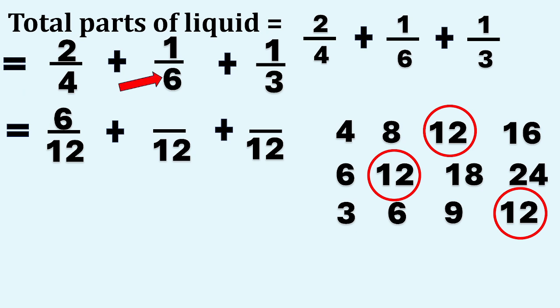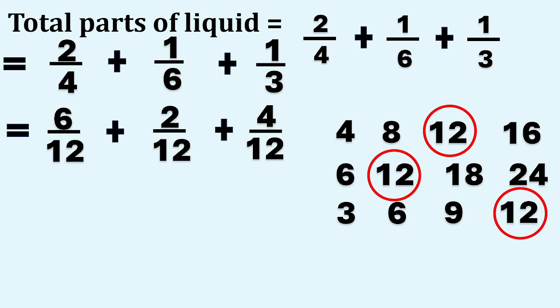So 12 divided by 6 equals 2. Then multiply the answer by numerator 1. So 2 times 1 equals 2. Next fraction, divide the LCD by denominator 3. 12 divided by 3 equals 4. Then multiply the answer by 1. So 4 times 1 equals 4.